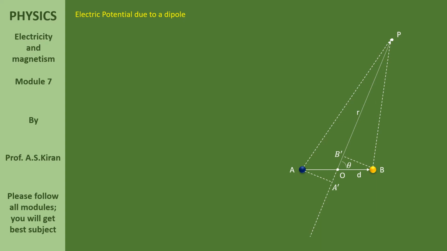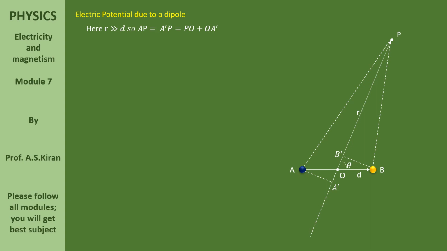That is the definition of a dipole, isn't it? So d must be very small, and r is very large compared to d.